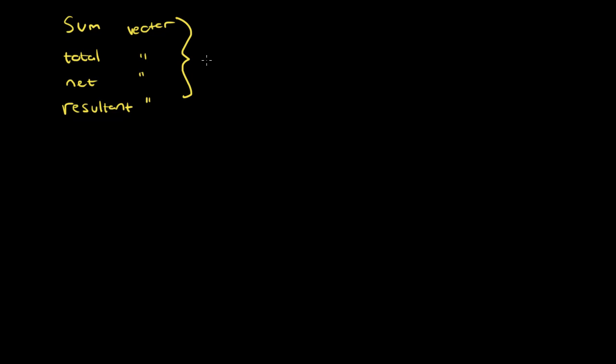All of these things mean the same thing. These are probably the most common ones, net and resultant. Those are often what you speak about when you add 2 vectors or subtract 2 vectors from each other. You'll speak about the net or resultant vector.